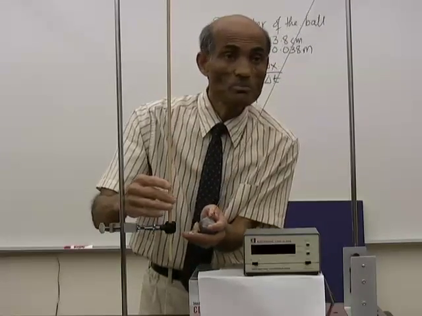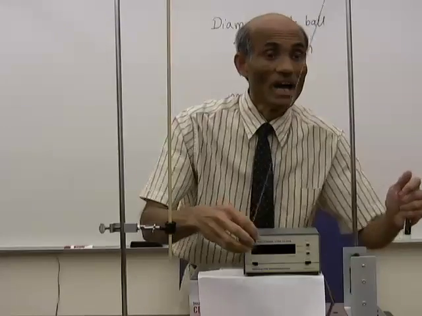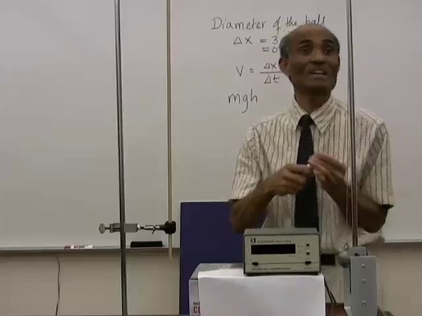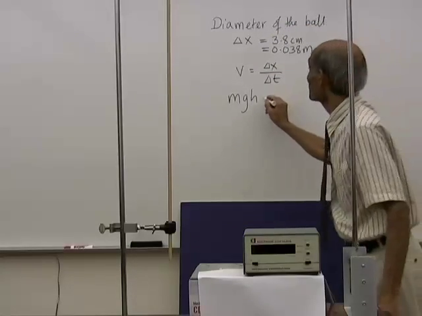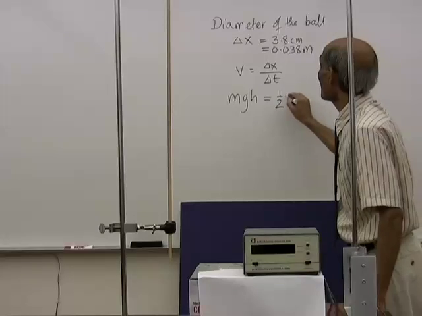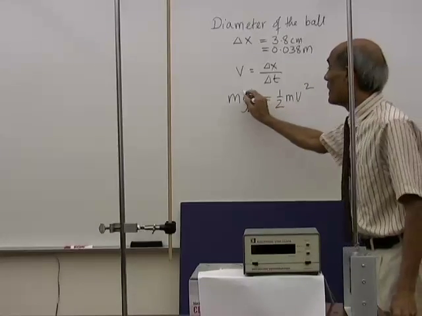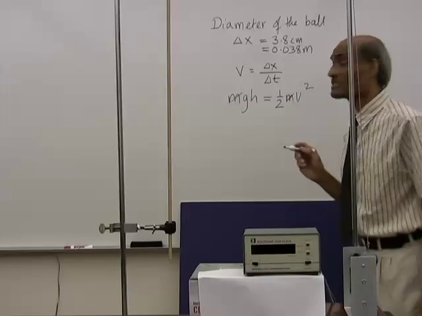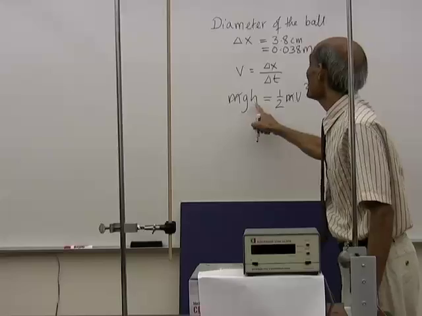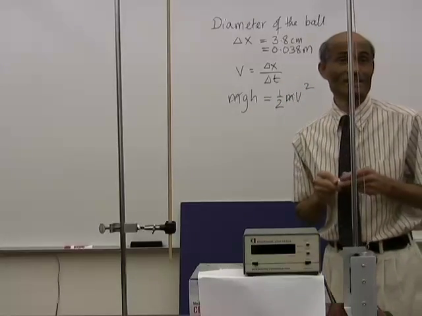Now all that potential energy will become kinetic energy, and by measuring the velocity we can calculate that kinetic energy. So we will be able to say mgh equal to 1/2 m v squared. Now m and m on either side will cancel. We have gh equal to 1/2 of v squared.